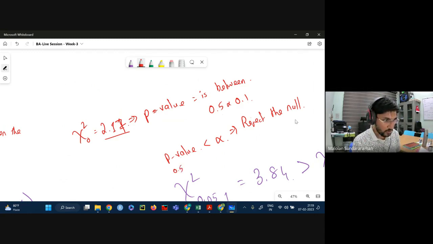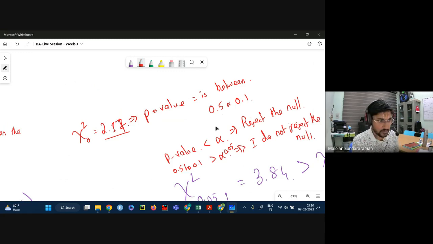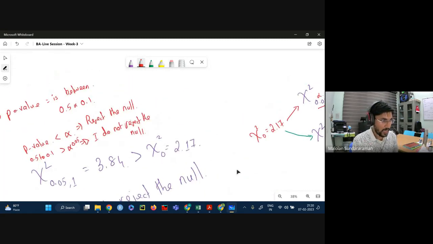Since 0.5 to 0.1 is greater than alpha, which is 0.05, I do not reject the null. So my p-value method and checking it with a chi-square value both yield the same result.